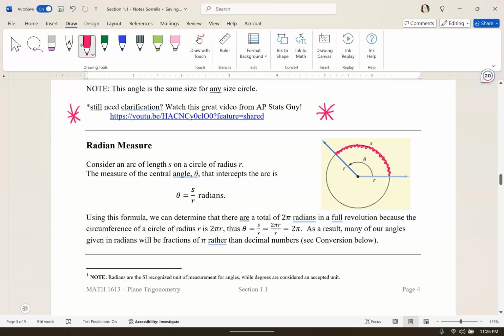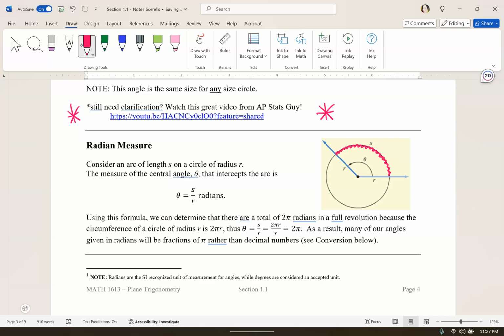So if I come back down here, sorry for all the back and forth, we can actually use this formula to determine a different way of showing you that the total of 2 pi radians is a full revolution. Because the circumference of a circle, if I went all the way around a circle, is 2 pi r. Sorry, I did not mean to say squared. The circumference of a circle is 2 pi r.